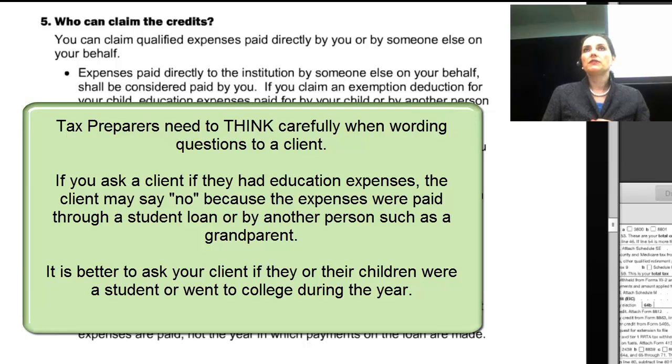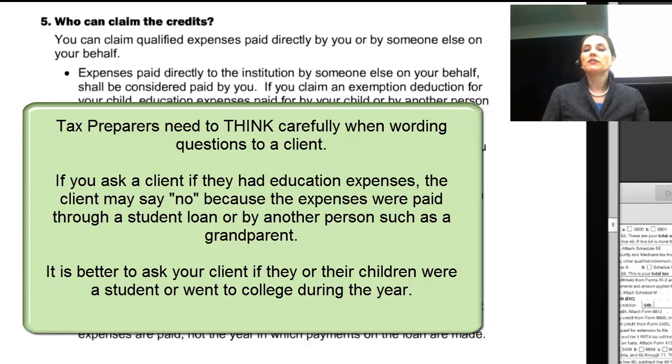My client may think to himself, well, no, I didn't have any expenses because all of the expenses were paid with student loans. But the client doesn't say that to me. The client just says, no, I didn't have any expenses. Well, when an interview goes like that, it means I, as a tax preparer, have not done a very good job in the interview because there's an expense there, and I asked a question, but my client didn't reveal it to me, and I've missed out on saving the money.